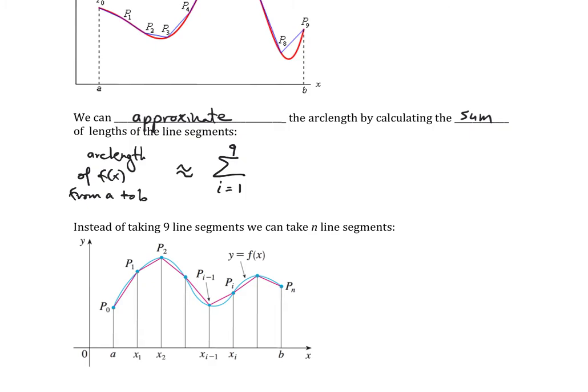And then I'm going to represent the arc length of a particular line segment with absolute value signs. It's going to be absolute value of P i minus 1, P i. I'll put a little line over the top to indicate the line segment. These absolute value symbols indicate that we're finding the length of this line segment.